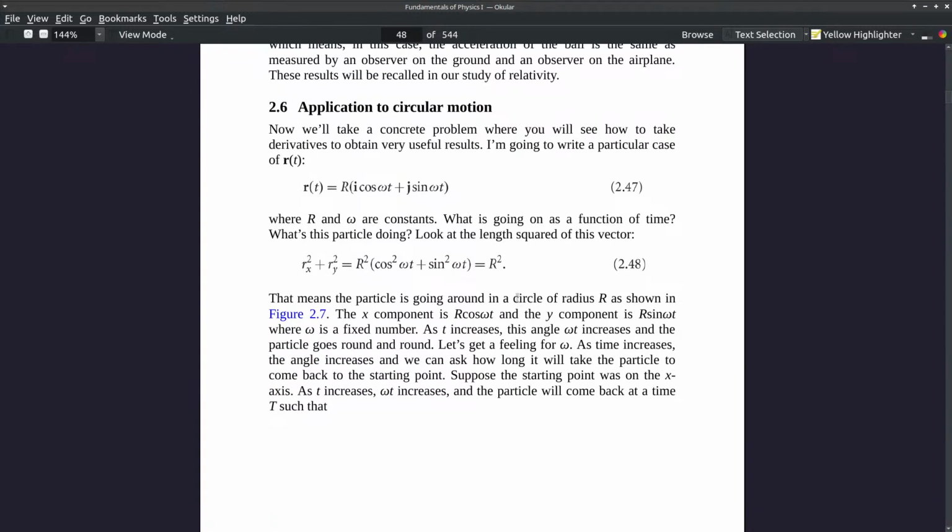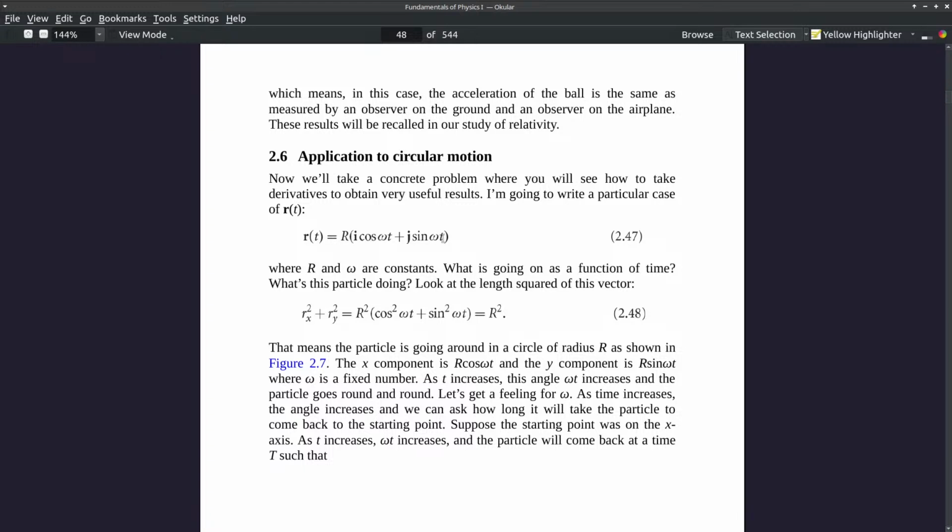Now we'll take a concrete problem where you will see how to take derivatives to obtain very useful results. I'm going to write a particular case of R(t). R(t) equals R times i times the cosine of omega t plus j sine omega t, where R and omega are constants. What is going on as a function of time?